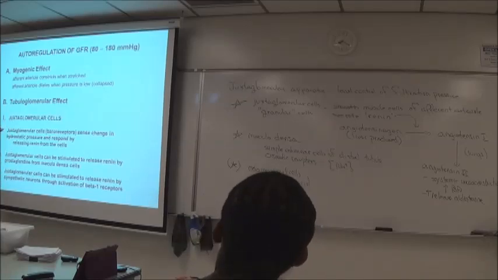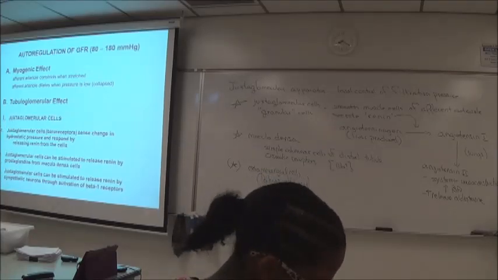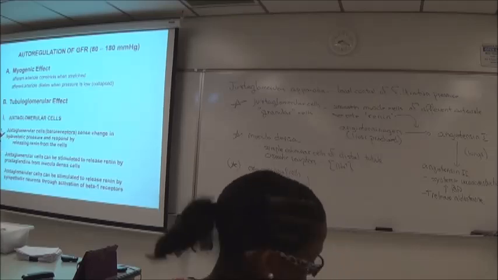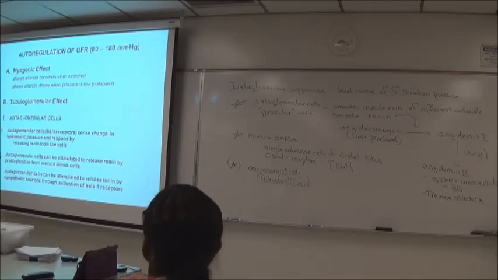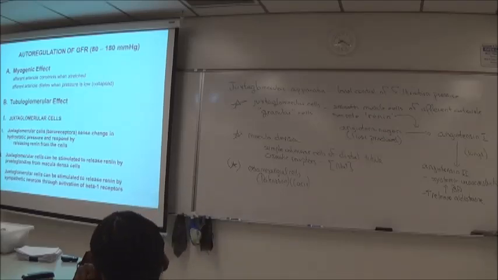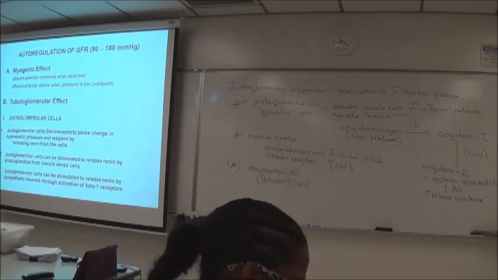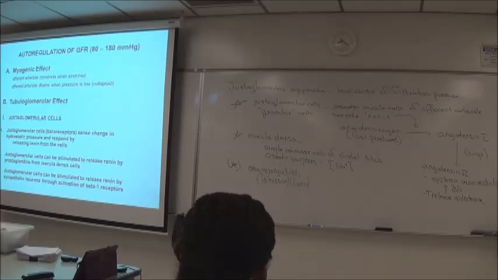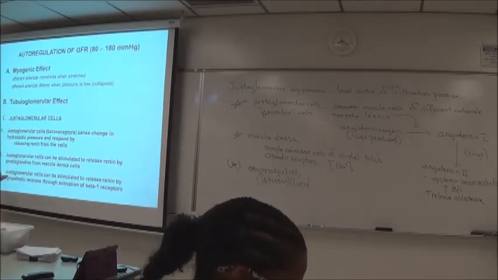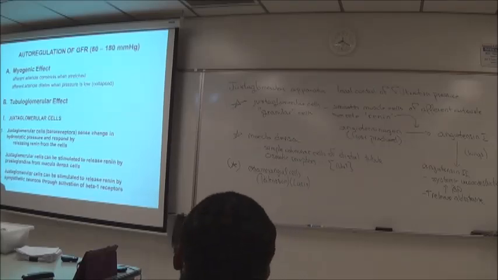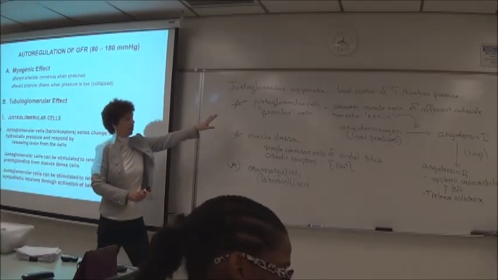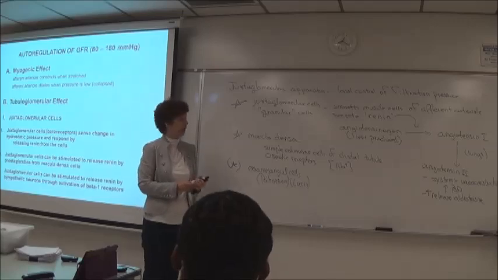So the juxtaglomerular or granular cells will release renin in response to low pressure in the afferent arterioles, or in response to signals from the macula densa, the adenosine molecules released from the macula densa can trigger that to occur, or through sympathetic innervation. So these are 3 different events that can trigger the juxtaglomerular cells to secrete renin.